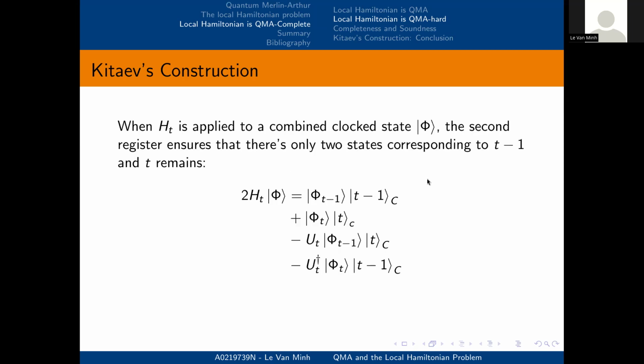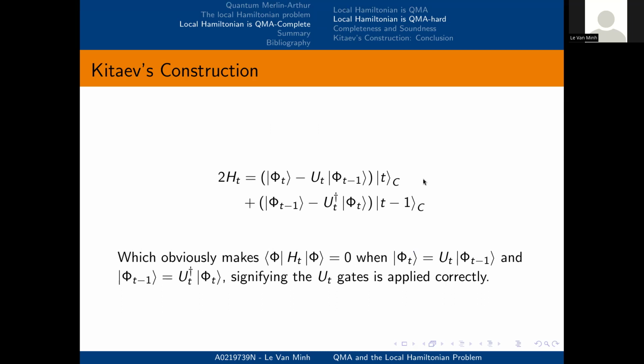And when we group all the terms that have t on the right-hand side and the ones with t minus 1 on the right-hand side, we will get this, which we can obviously see will evaluate to 0 if phi t is exactly UT applied to phi t minus 1, and the same with the UT dagger, which means that the UT gate is being applied properly on the state phi t.